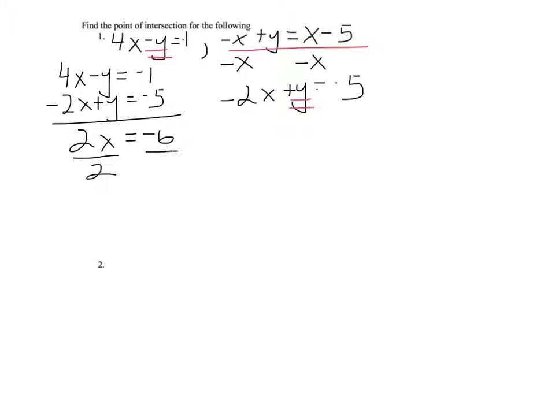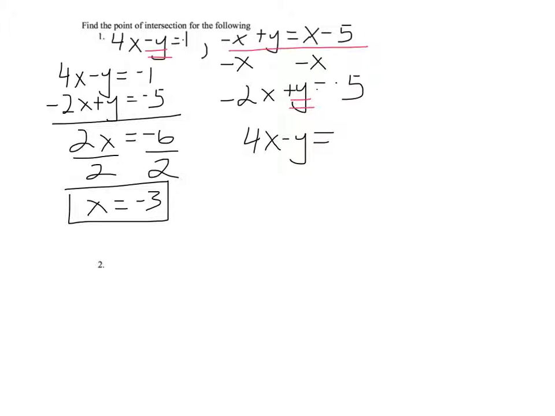Divide both sides by 2. X equals negative 3. So that's part of the answer. Then I'm going to use 4x minus y equals negative 1, and I'm going to substitute in negative 3 for x. And I get 4 times negative 3 minus y equals negative 1.